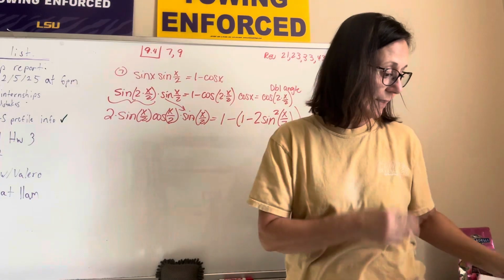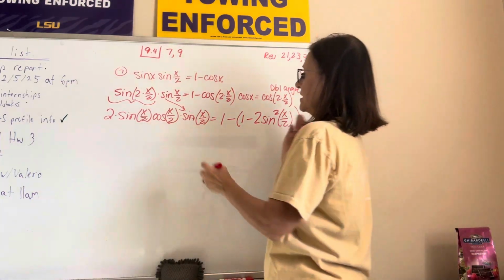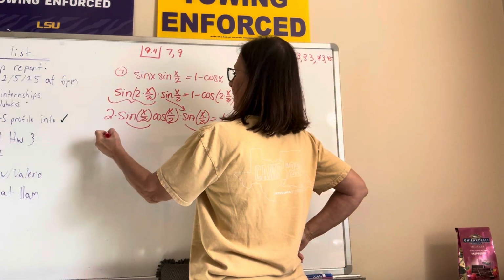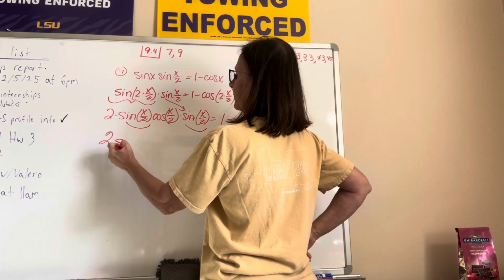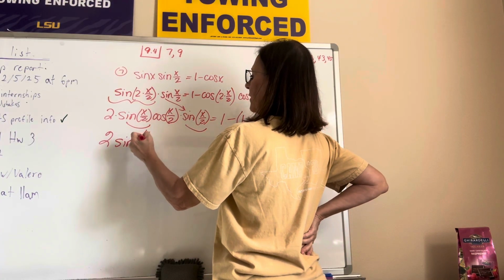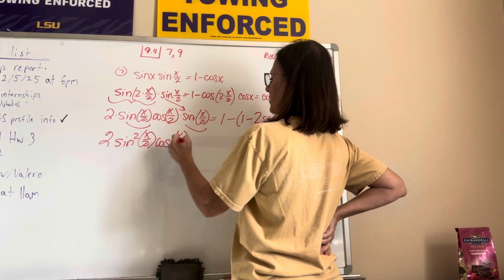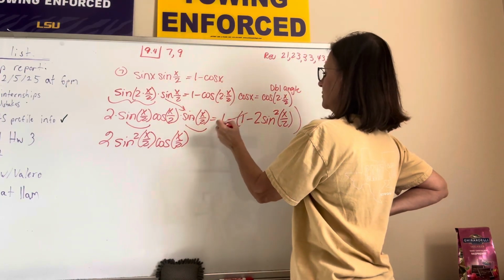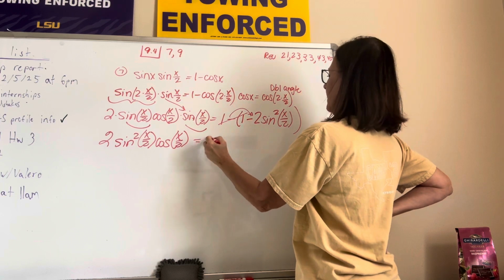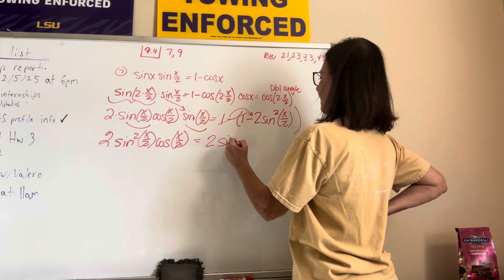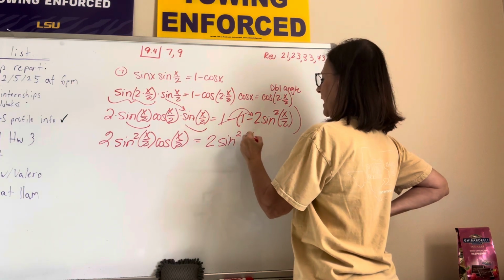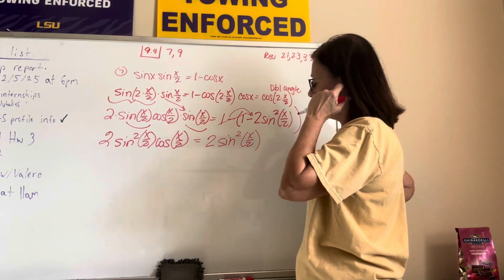All right, now I can begin simplifying. That's going to be that squared. So it's going to be 2 sine squared x over 2 cosine x over 2. My 1's cancel. That becomes positive. Equals 2 sine squared x over 2. I've worked this different ways.